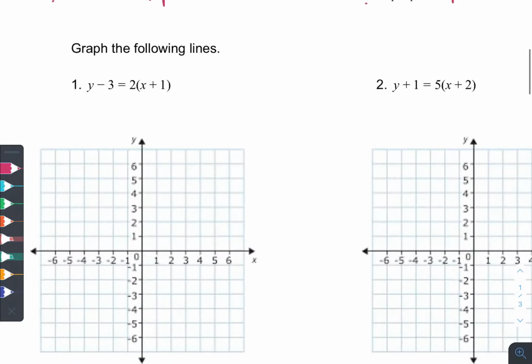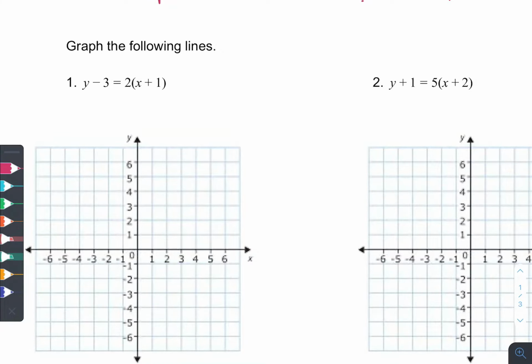All right, so we're going to graph the following lines. If you want to, just an idea, go ahead and write out what m, x1, and y1 are, because then we can say what x1, y1 is as our point. So I'm going to run through.